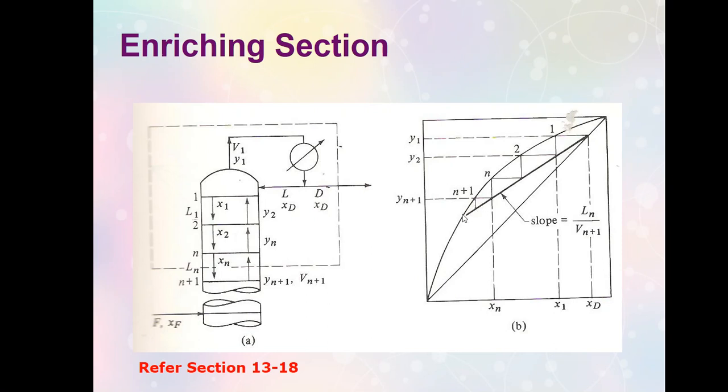I will not anymore explain how the graphical approach should be done because this was explained to you already. Our main focus now is on the analytical process of determining the stages. But nonetheless, this is your operating line for the enriching section. And the enriching section is, of course, the section on top of the feed line.